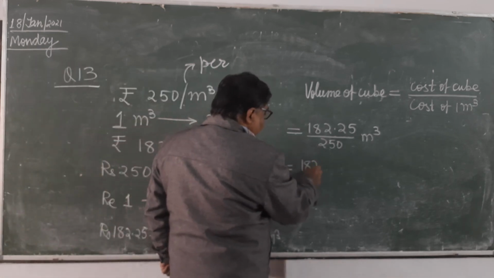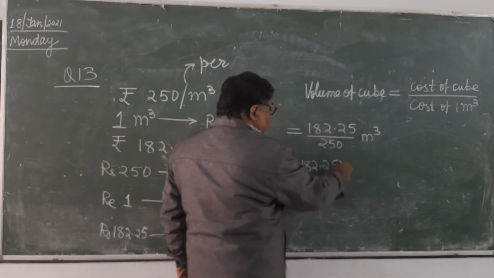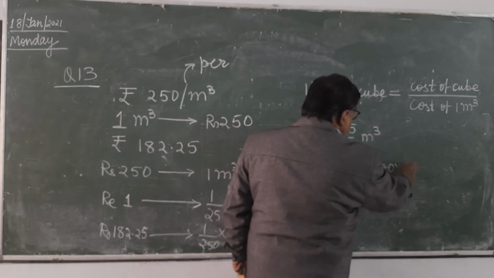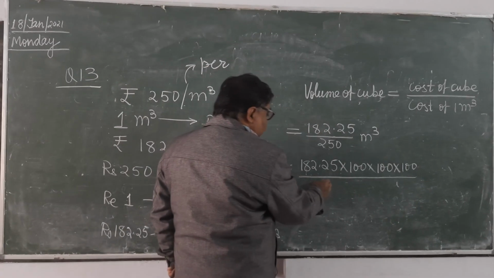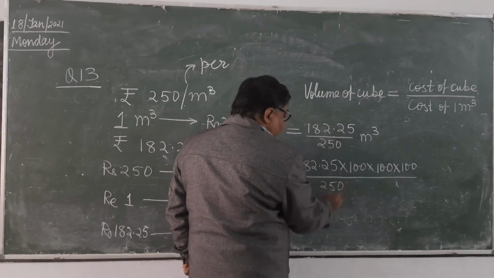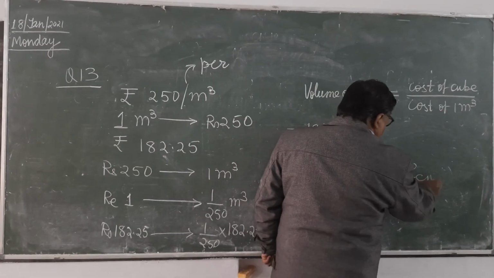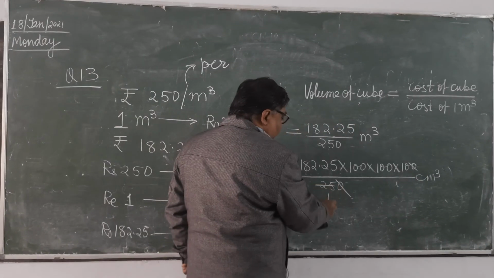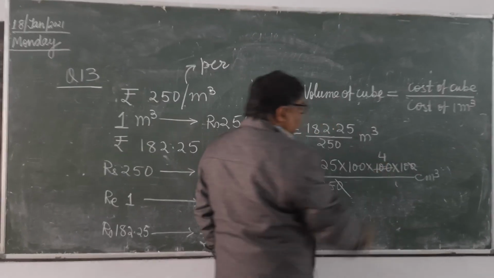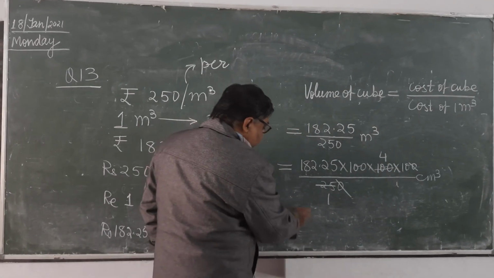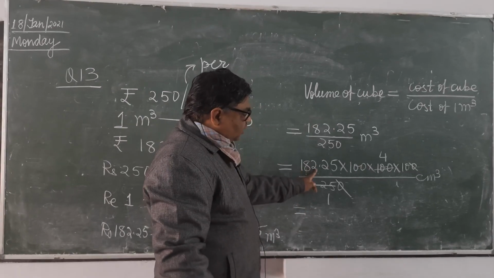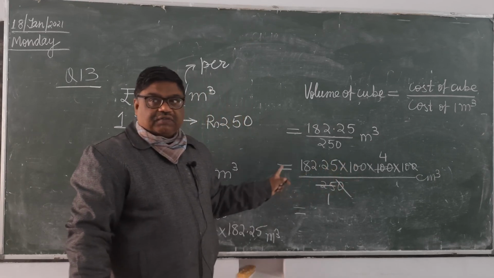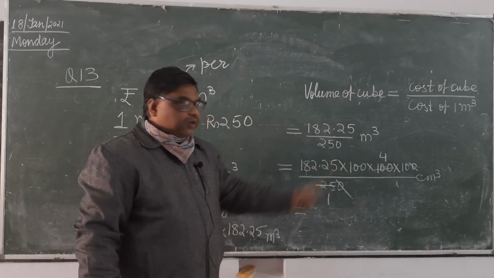So 182.25 into 100 into 100 into 100 divided by 250. Now you simplify. This is in centimeter cube. When you simplify, 0 0 cancel, 25 1 ja, 25 4 ja. When you further simplify, it is 182.25 into 100, so the decimal will shift 2 places ahead.